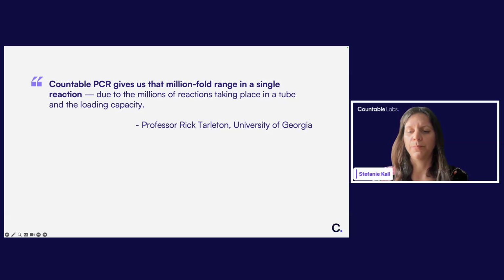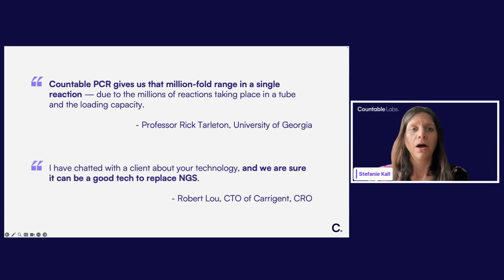It really helps them get precise, sensitive detection of their parasite. And then, of course, our friends at Caragent are really excited about replacing NGS for their work. NGS is costly and expensive, and being able to move more of that information into assay design and Countable PCR is really great for the services they're trying to provide for their own clients.